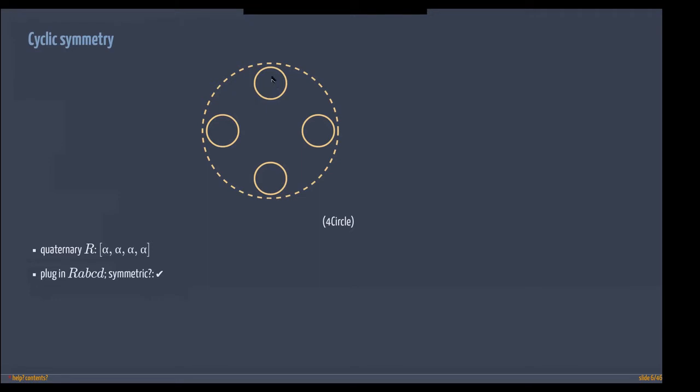So if we start plugging in A, B, C, D, starting on the top, what we get is the completion of the relation we want. But we could also start here, A, B, C, D, or start there, A, B, C, D. And that's what renders it symmetric, because if you look at the objects, it's the same assignment for all objects.